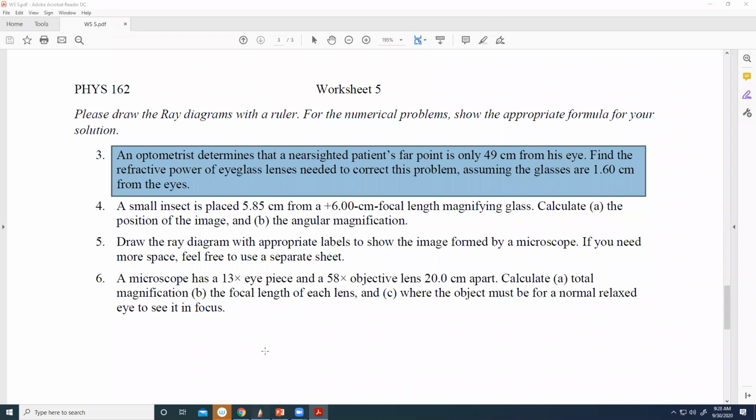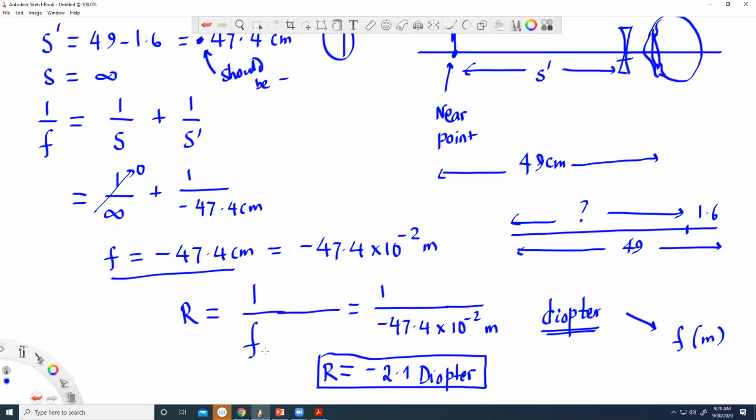Why was the S prime negative? Okay, that's a good question. The reason is, if the image is virtual, we use the image distance to be negative. And the image formed here is virtual because it's formed on the same side of the object. Object is on this side, and the image is also on that same side.